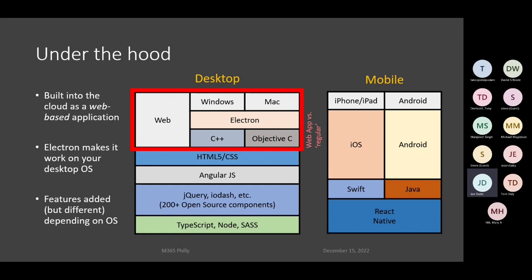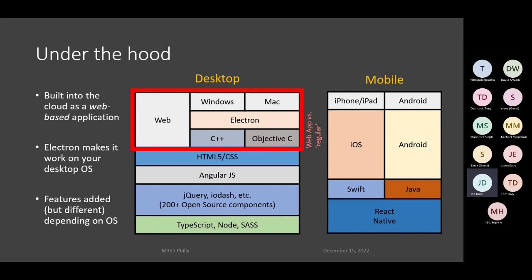And then on the mobile side, whether you're using your phone or a tablet, it's going to be completely different as well because there are completely different code bases underneath. And whether it's iOS or Android, you're going to get different features on both.